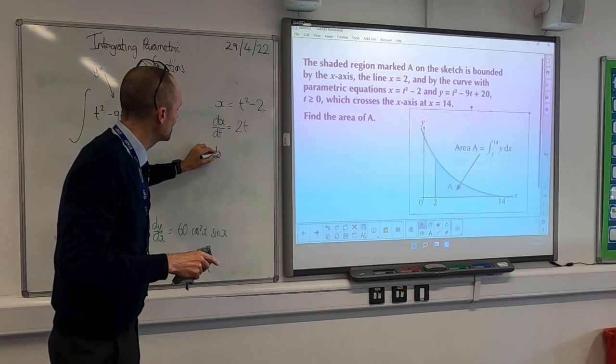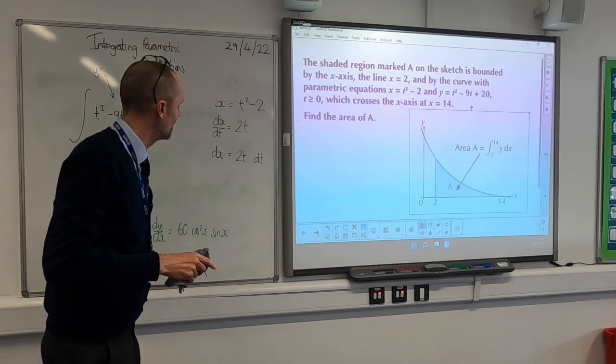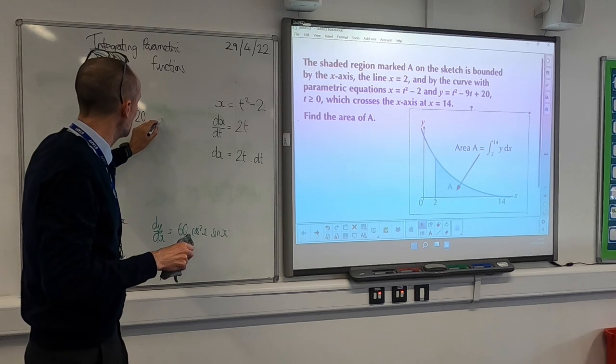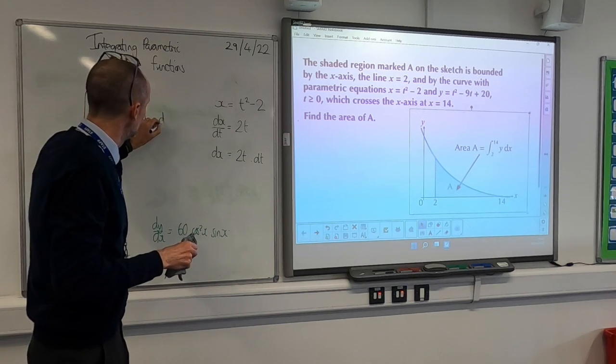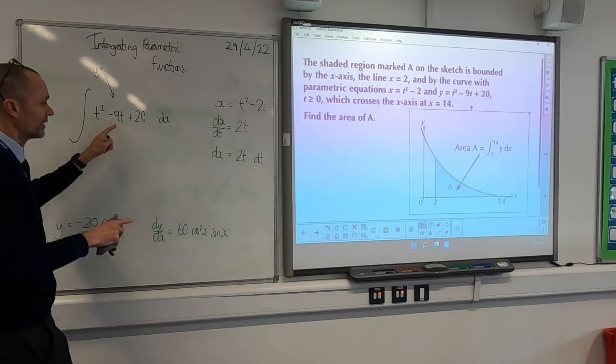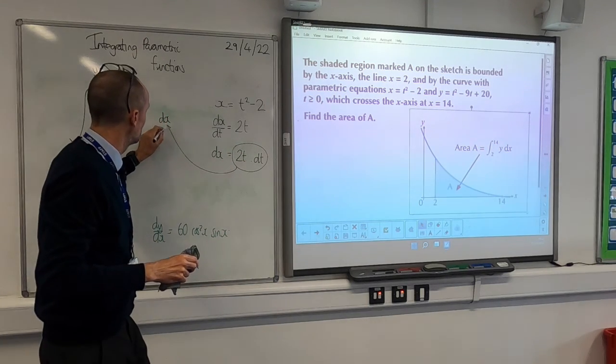So dx is 2t multiplied by dt. And I can therefore take the dx that's there still, which causes me a problem because I want x to be a variable and it's not, and I can whack that in.